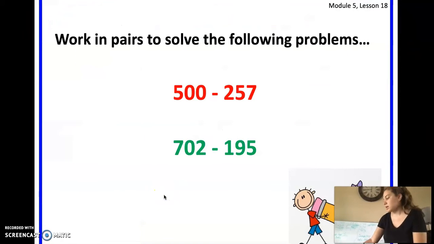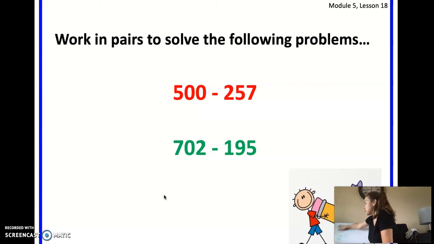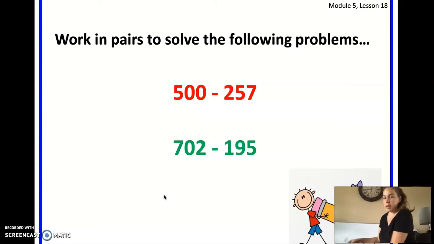So now we're going to do a few problems. And we're going to be using our place value chart to answer our problem. So our first problem says 500 minus 257.